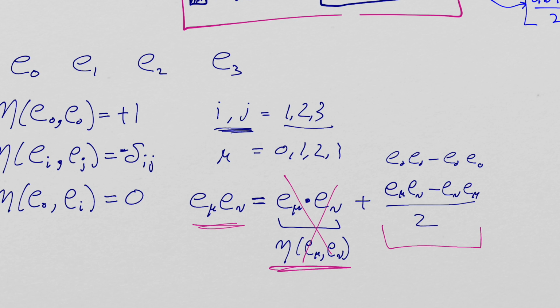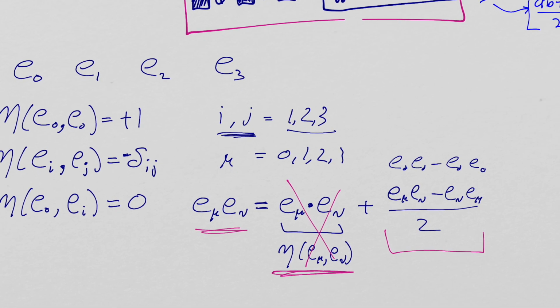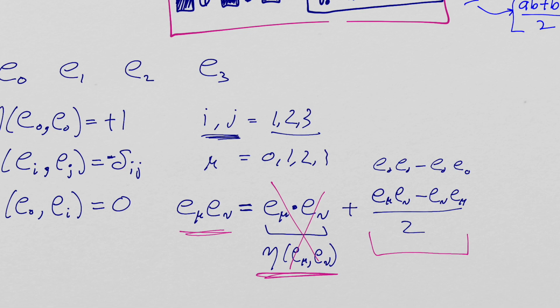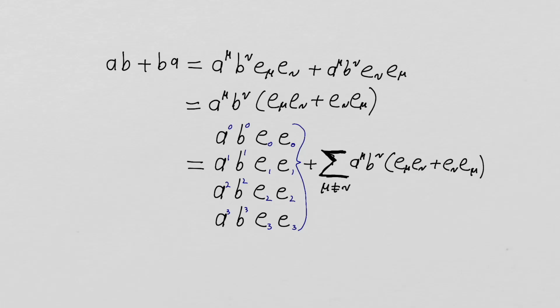Okay, so with that in mind, let's have a look at breaking down one of our rules in terms of basis vectors. So we're going to look at this sum of AB plus BA.